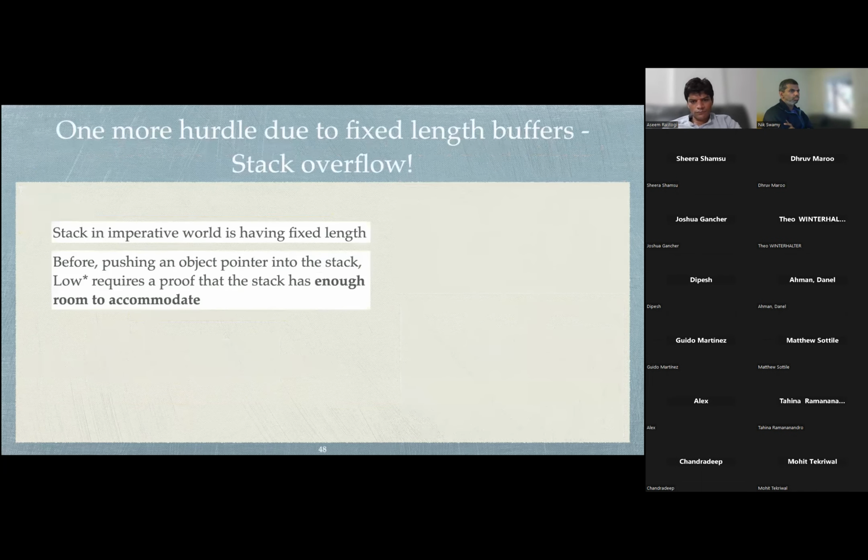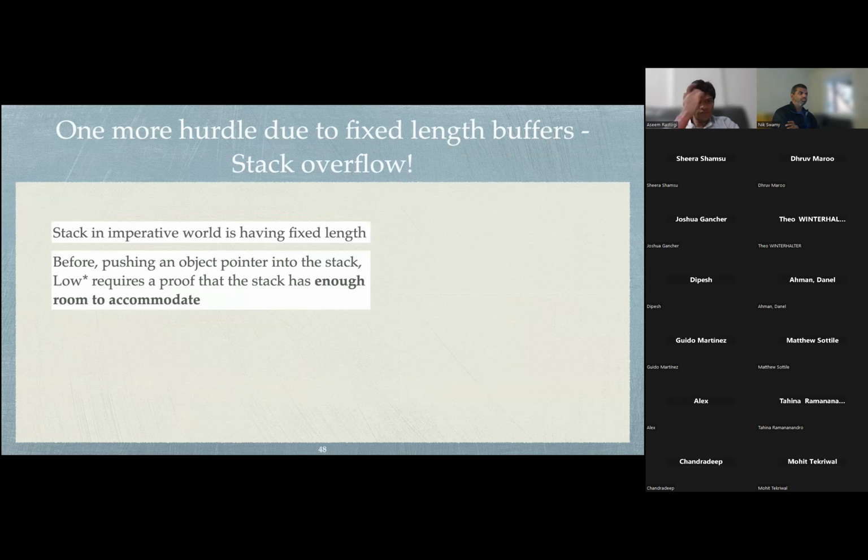And one more hurdle is there, because of fixed length buffers. Low* requires that the stack can overflow, right? Stack is a fixed length buffer, but during the mark process, the stack can overflow. So we had to make an adjustment there.